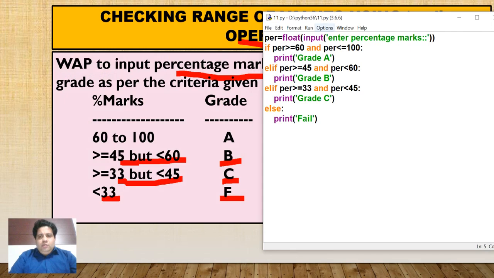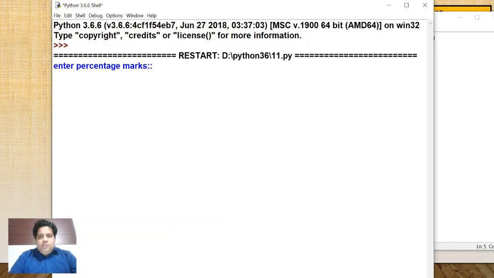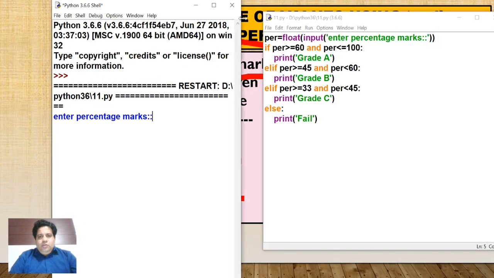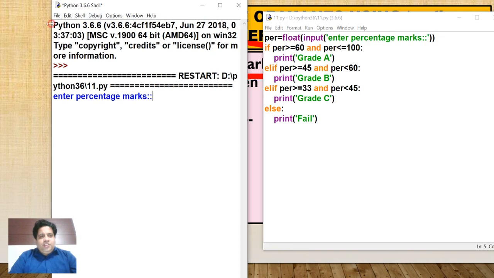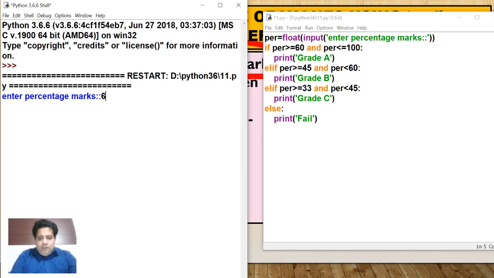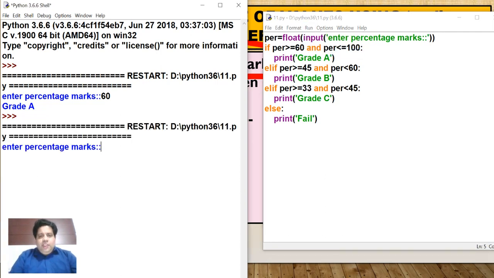Again run the program. Now suppose you check the program for the limit 60: grade A. Now see, if suppose the user enters 105, as per your program what will be the output? Is 105 between 60 and 100?